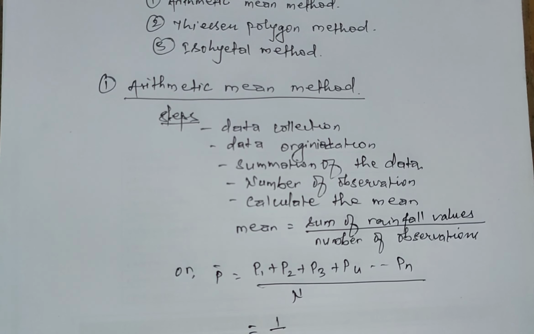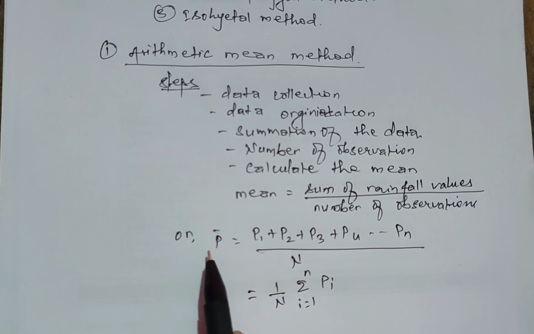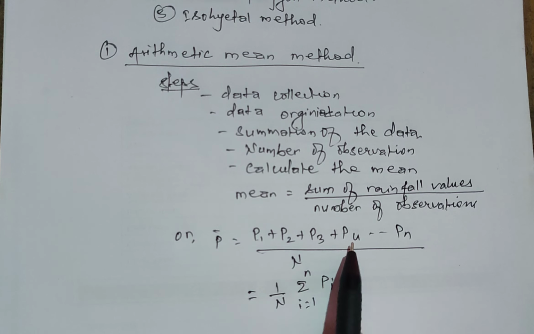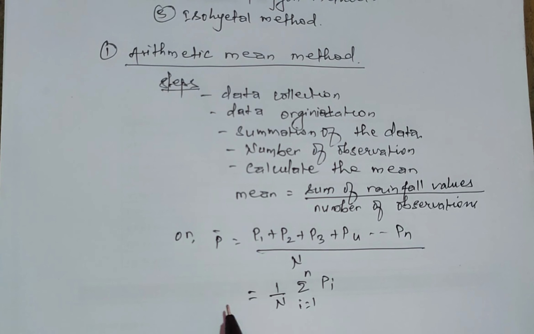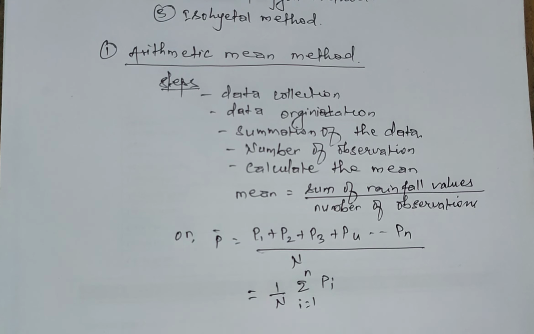This can be simplified as 1 by n summation Pi, where i varies from 1 to n. This formula is used when P1, P2, P3 and Pn are the rainfall values in a given period of n stations within a catchment area, then the value of mean precipitation is calculated by these steps.